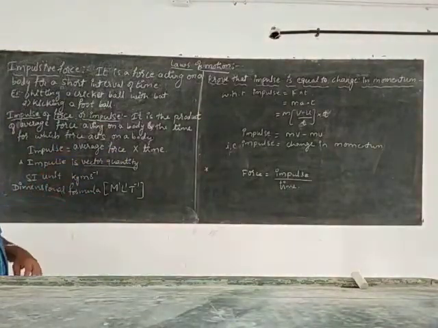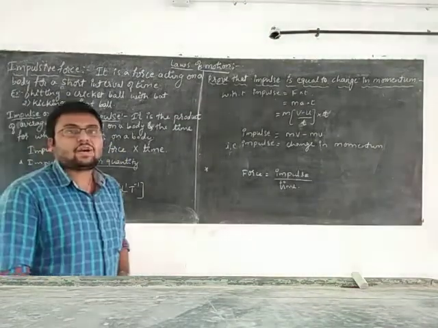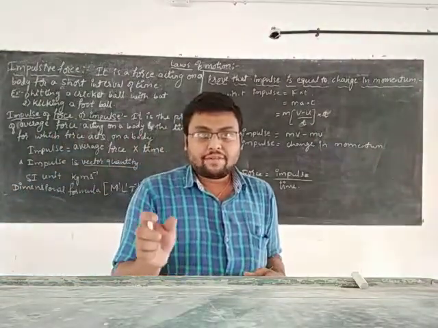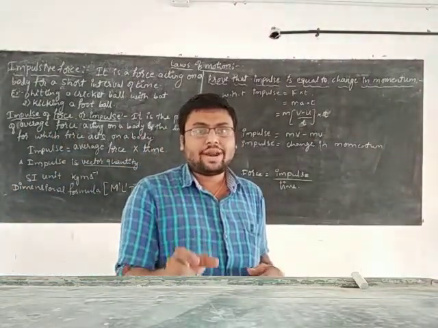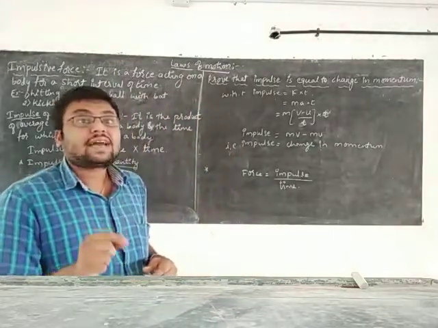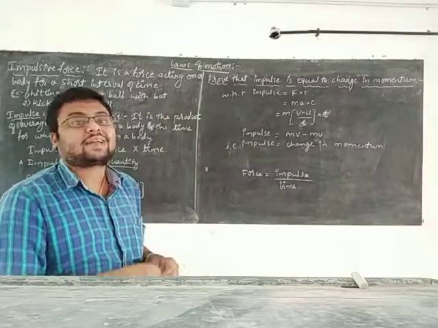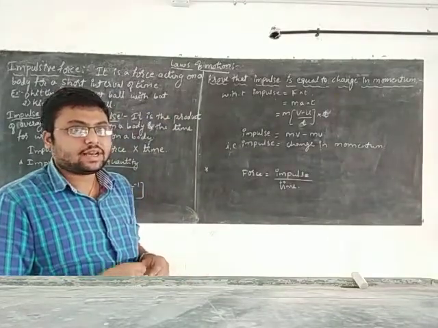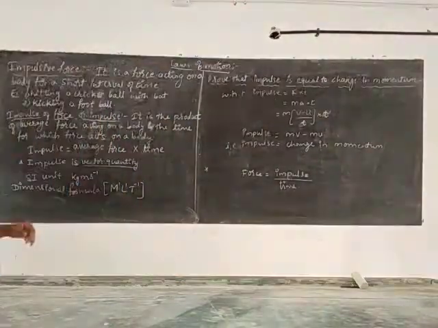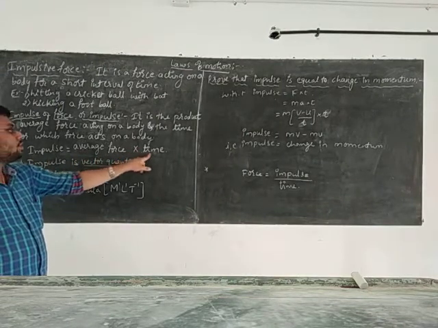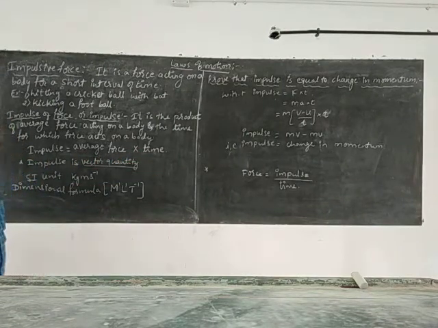So impulse is the product of the average force acting on a body and the time for which it acts on the body. Is it clear? So that is nothing but impulse. Impulse means the product of average force and time. Right? Okay.